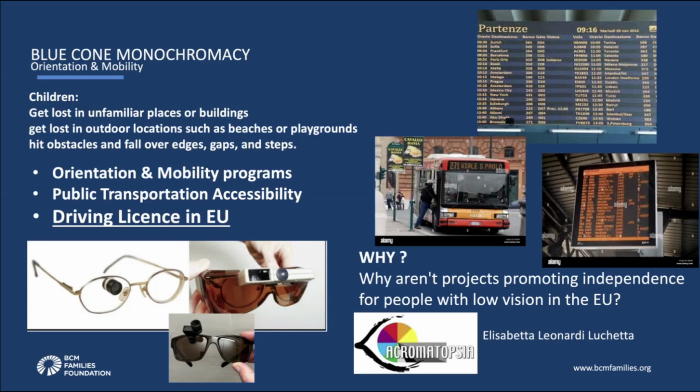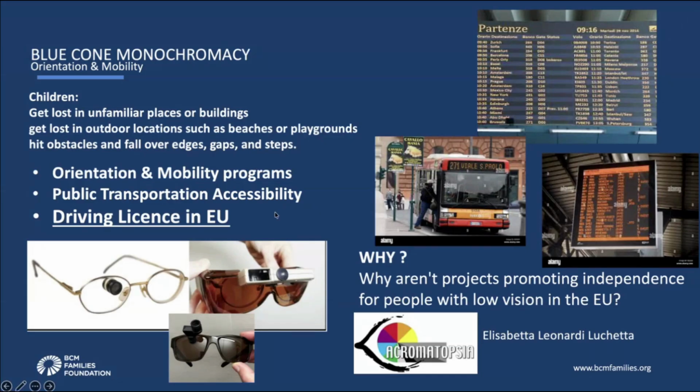Finally, there is also the driving license, because people with BCM, achromatopsia, or ocular albinism, and many other central vision diseases, can drive in 48 to 50 states in the US.